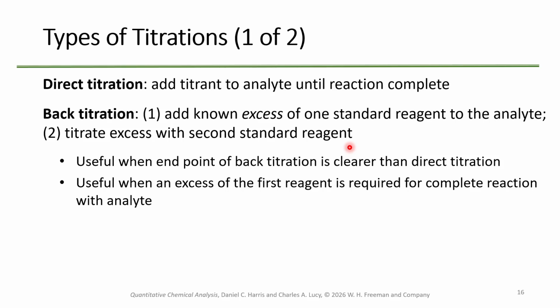Then we would titrate that excess backwards, back down, and neutralize all the excess HCl. So if we know the amount of HCl, we have this HCl, it has 0.500 moles put in. And then we have our antacid, right?